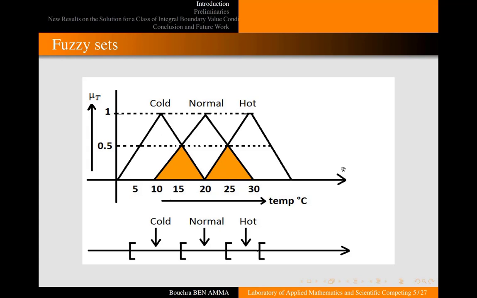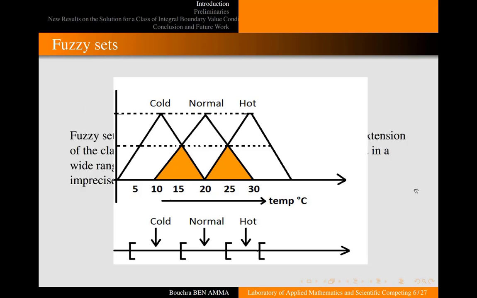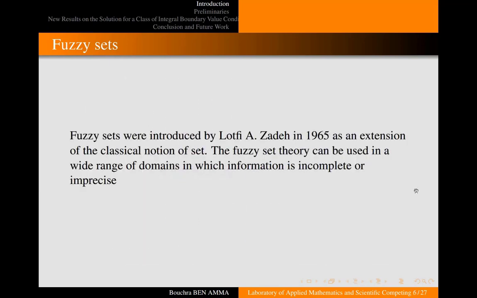Well, this is a much nicer way to present a set. This is how imprecise data can be categorized in a much nicer way using fuzzy set theory. In a classical set, we say only that an element is a member of a set. Here, we say an element is a member of a set with an associated membership function. This theory was introduced by Professor Lotfi Zadeh in 1965.